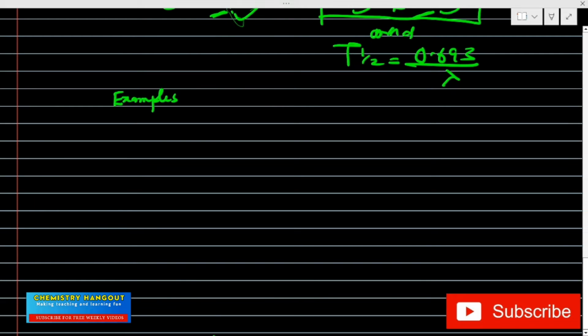How can we apply this very particular formula to solve equations? Let's take Example 1 now.